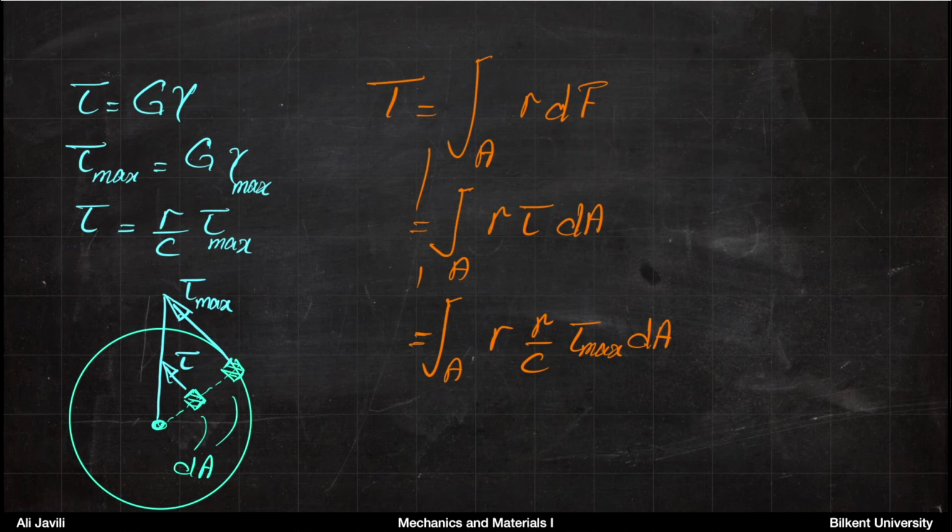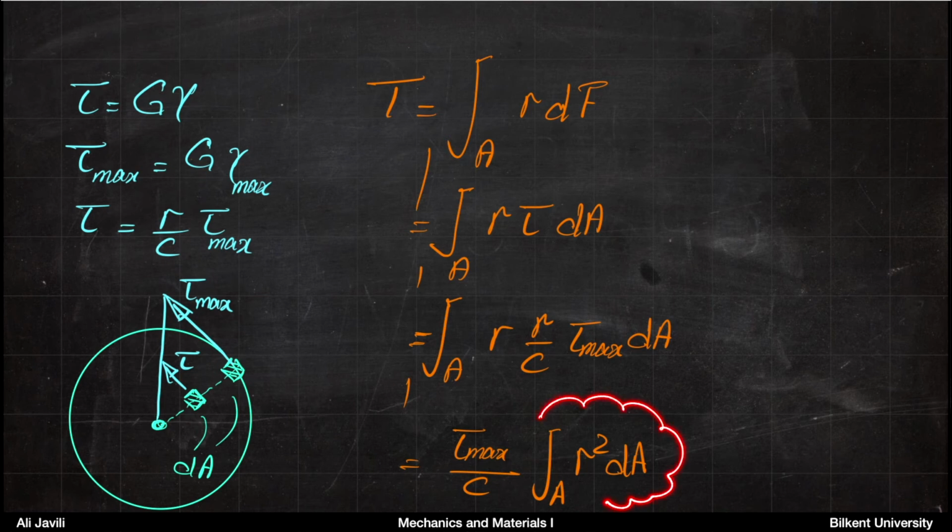So if you do that, now you would have this integral. In this integral, tau max and c are constant, and then again, remember c is the maximum radius or the outer radius of the shaft. So you can take them out of the integral, and if you do that, then you end up with an integral which looks like integral of r squared dA over the area.